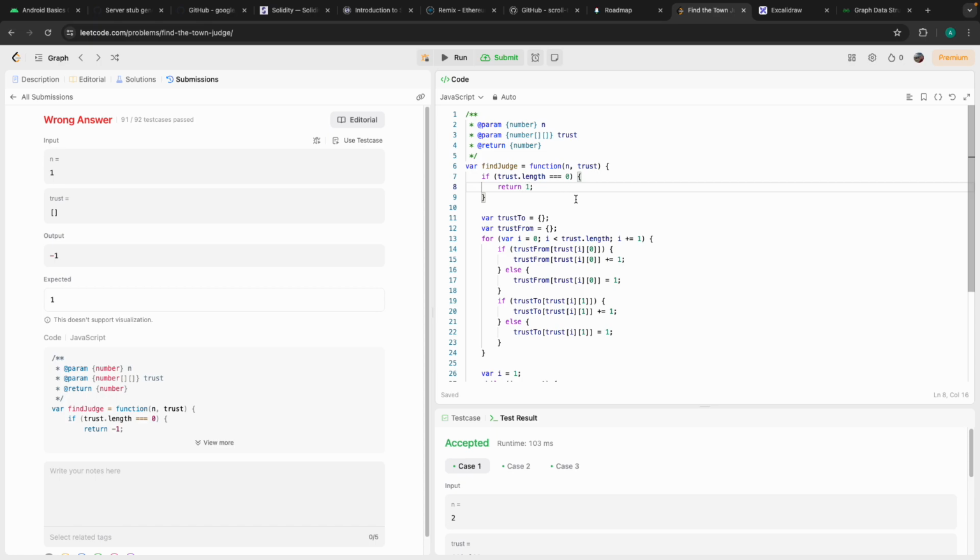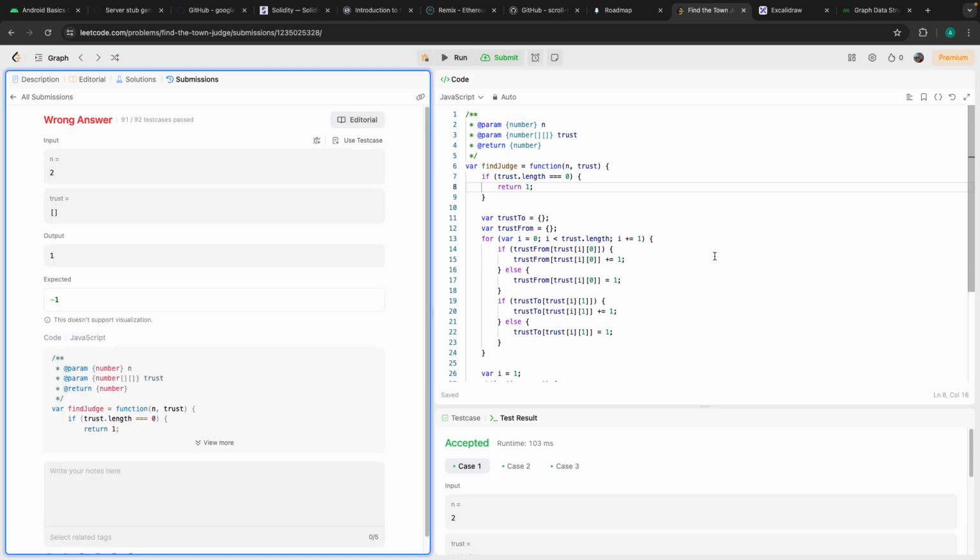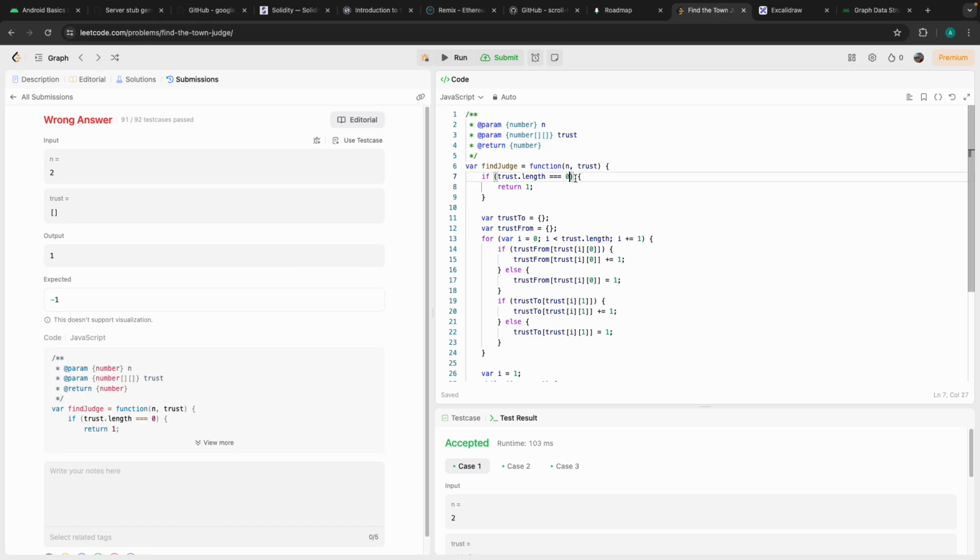If we have one person and it doesn't trust anyone, then it is the judge. And less than 2.